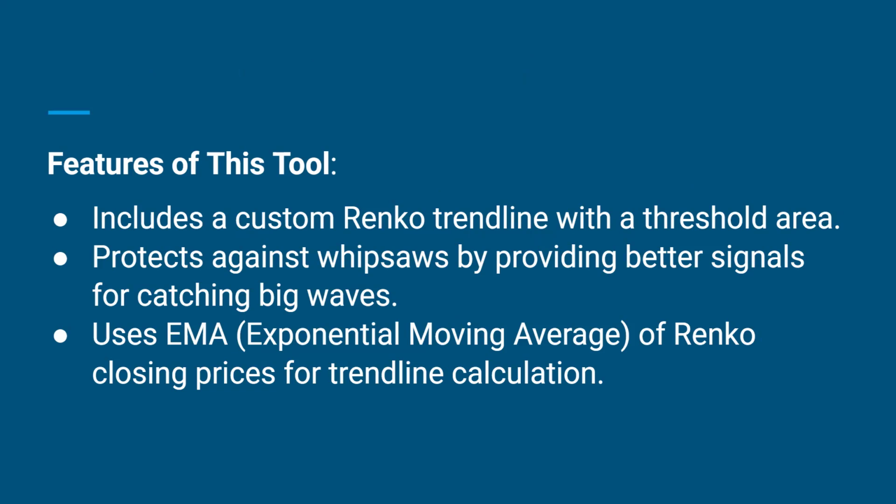It uses EMA, exponential moving average, on the Renko closing prices for the trend line calculation. You need a trend line. Even if the brick is formed, if you do not know the trend line, you will not know whether it is going to break down or break out. It will act as a guideline for you.